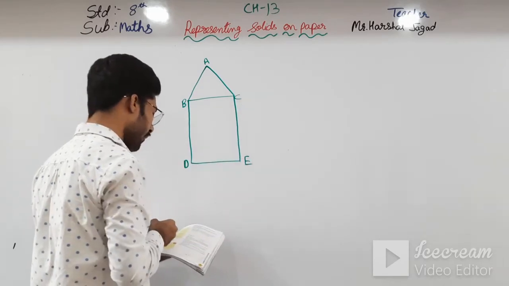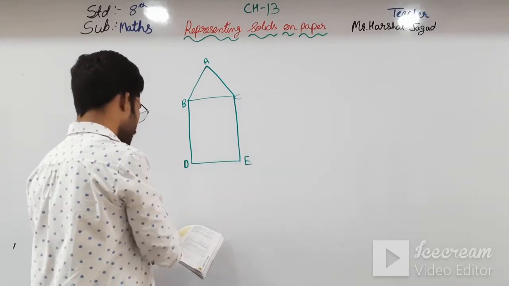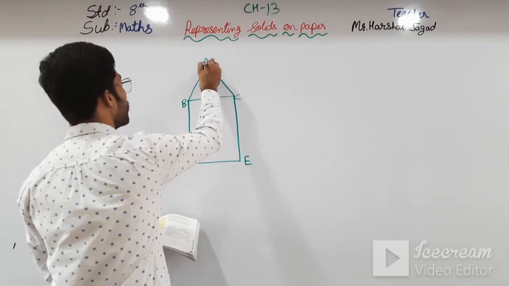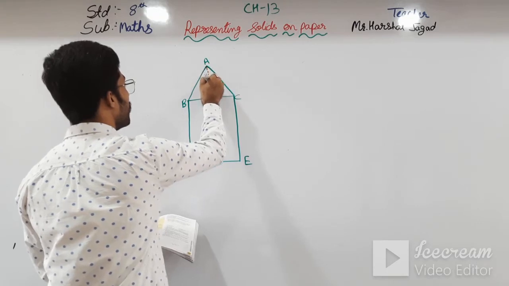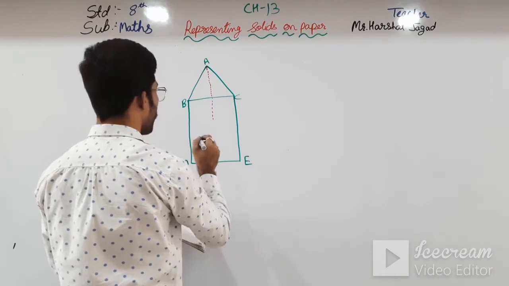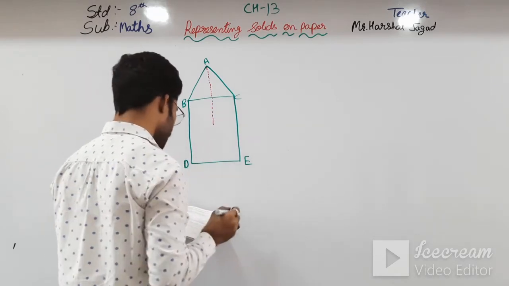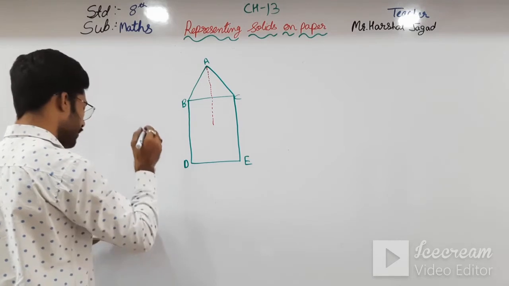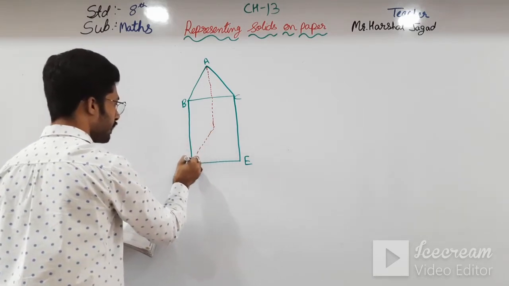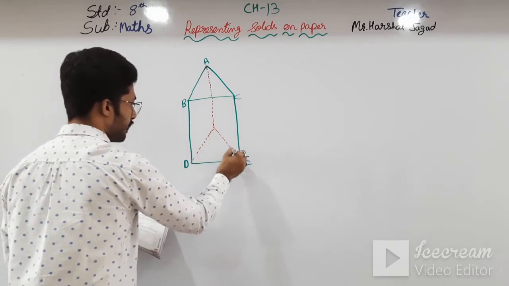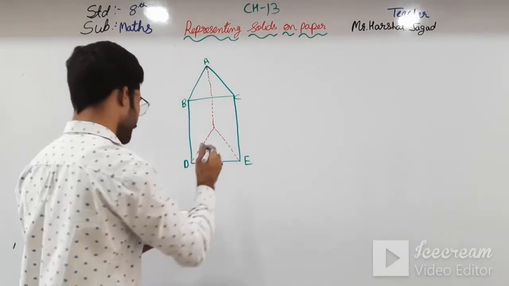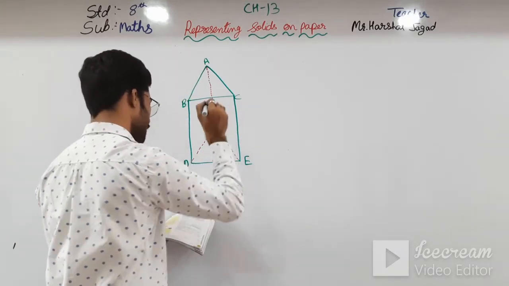We have to draw a dotted line parallel to that, so we will draw like this from the A. Okay, students, see here we have drawn that, and then after we have to just join this. So this we have made and we have to name this as F.